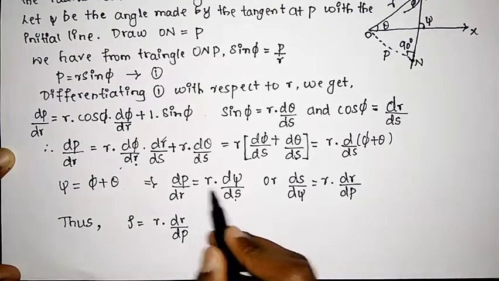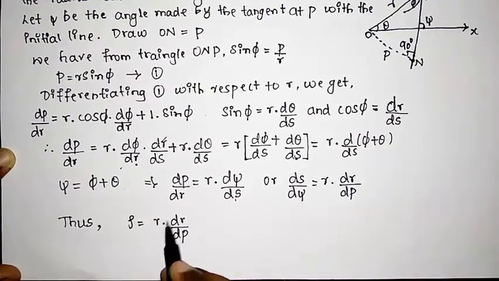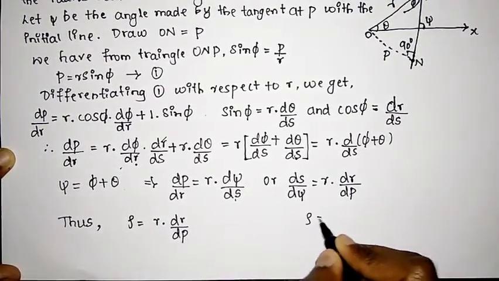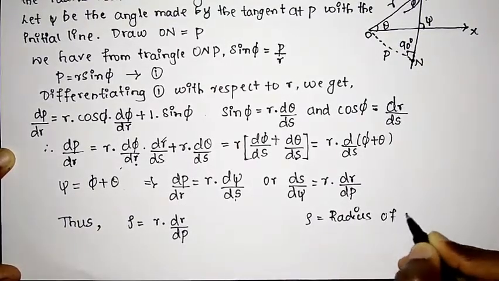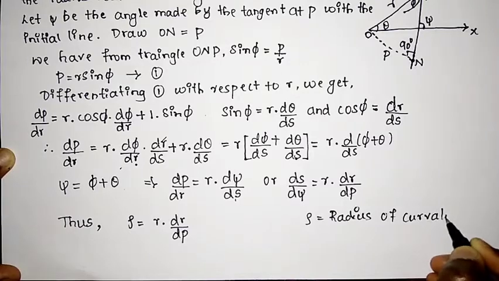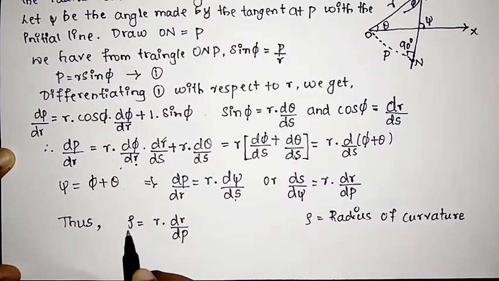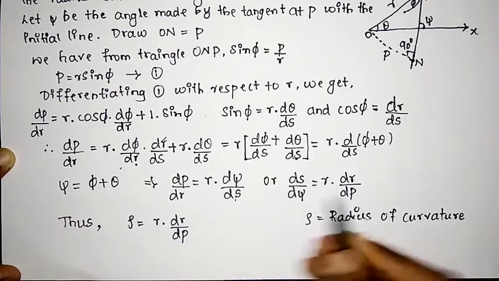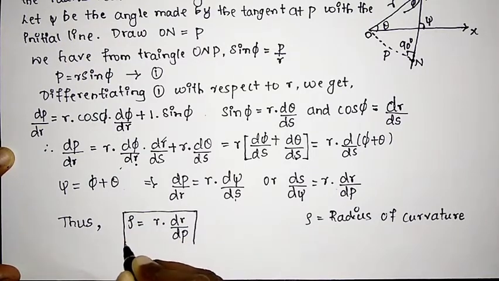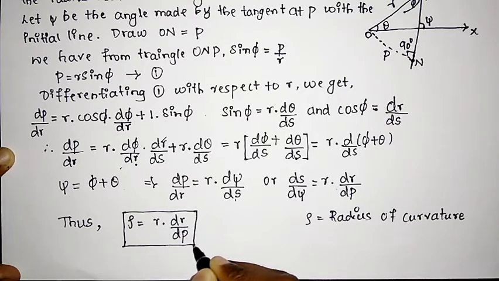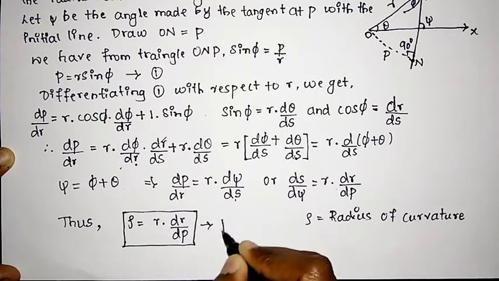Therefore rho is nothing but the radius of curvature. So we have obtained rho is equal to r into dr upon dp. This is the required equation for the radius of curvature in case of pedal curve.